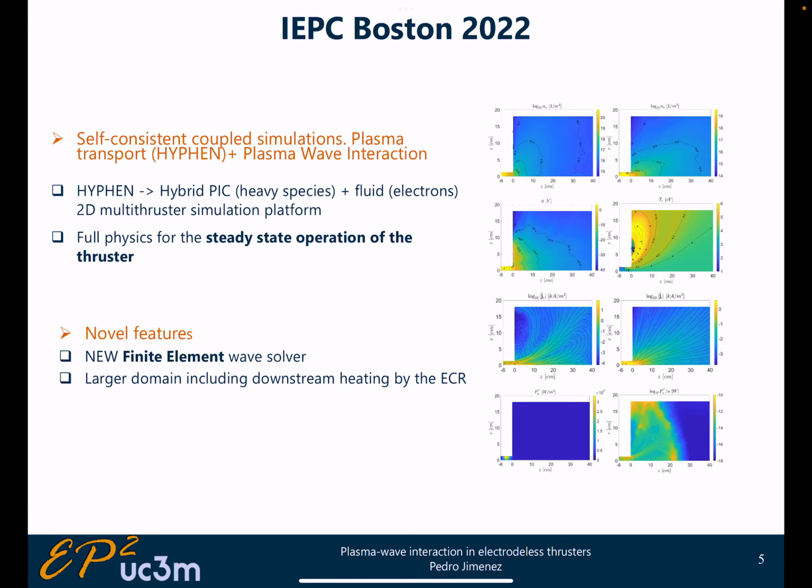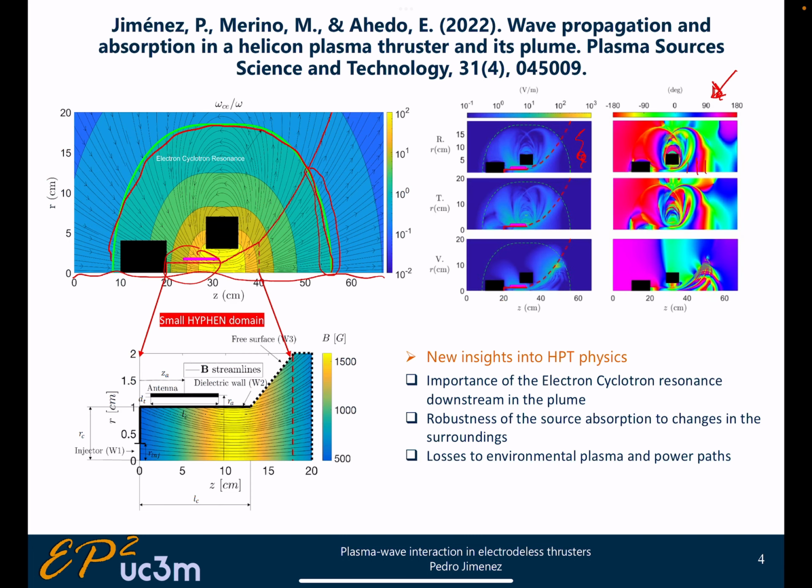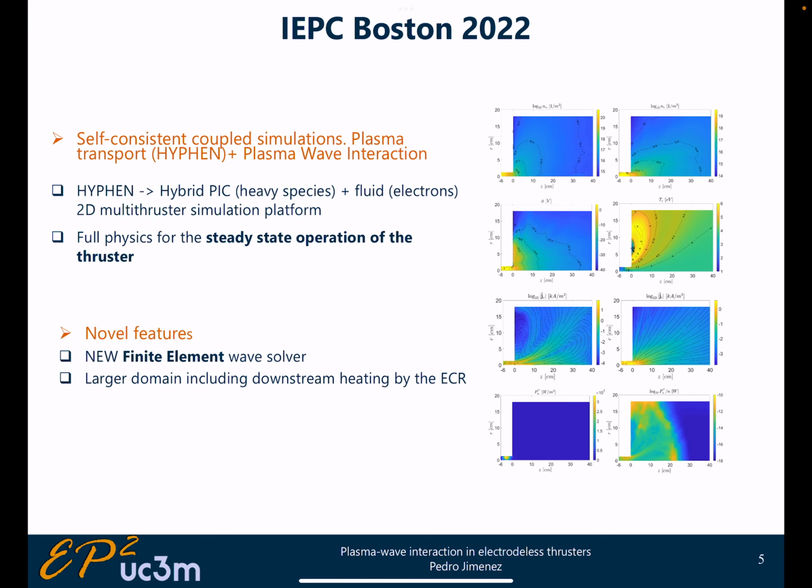Now, for the conference that we are going to attend a couple of days from now, we are presenting a couple of simulations. So these are static simulations in the sense that the plasma density is provided and then we study how the wave moves through that plasma. But here we are coupling our wave solver with HYPHEN, which you may have heard about.